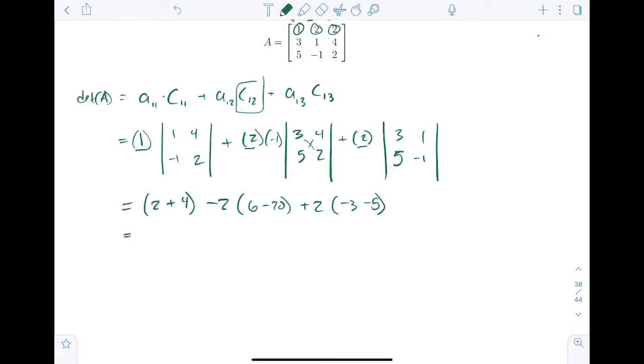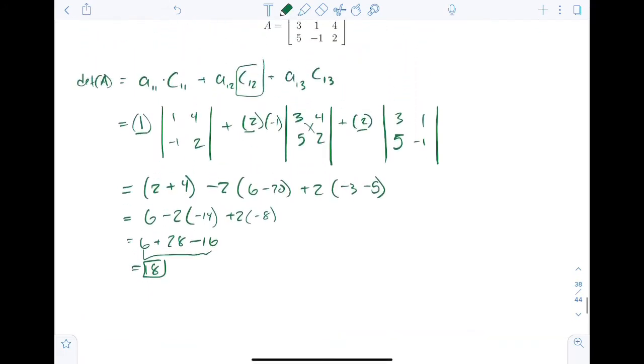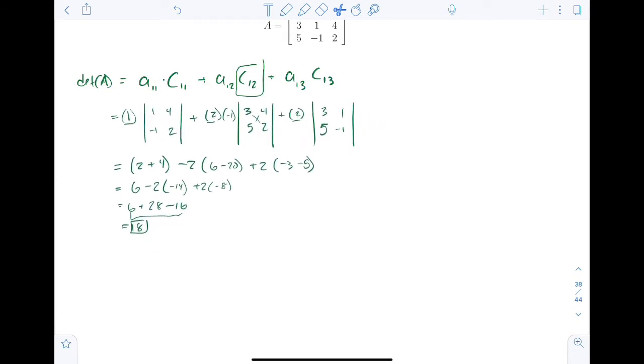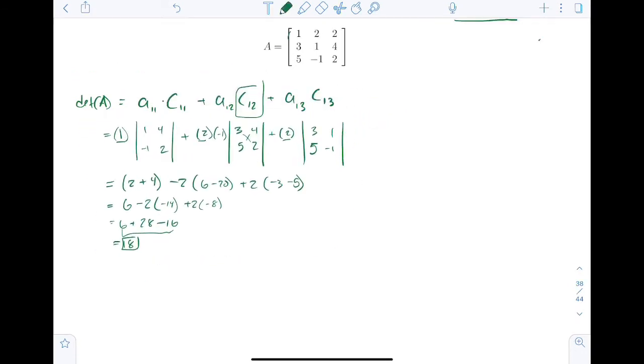Forgive me if I'm not doing math right here. 6 minus 2 times -14 plus 2 times -8. 6 plus 28 minus 16, so that's going to be 18. Hopefully I did that right. I didn't leave myself a ton of room here, so I'll squeeze that up a little bit.